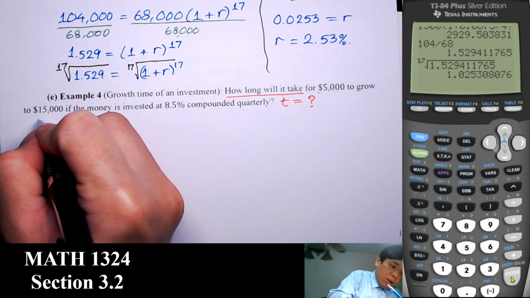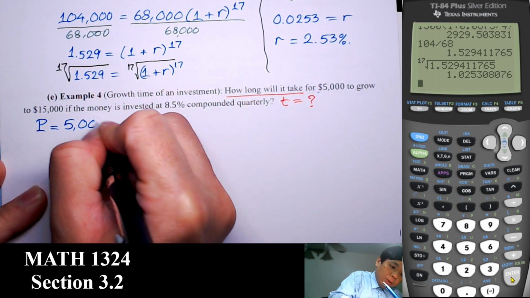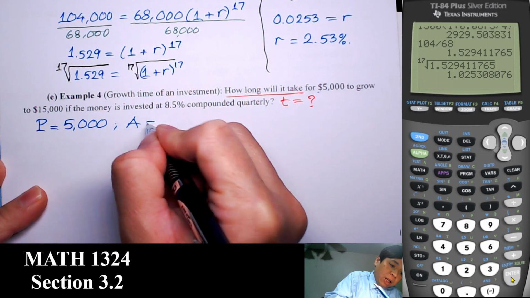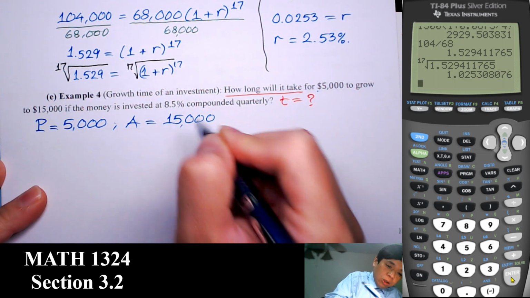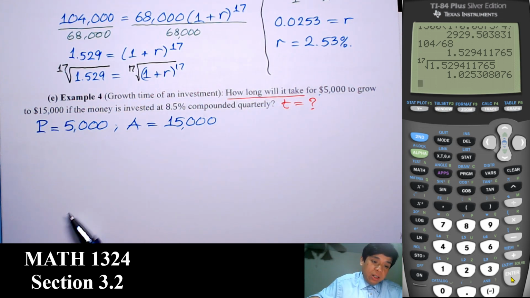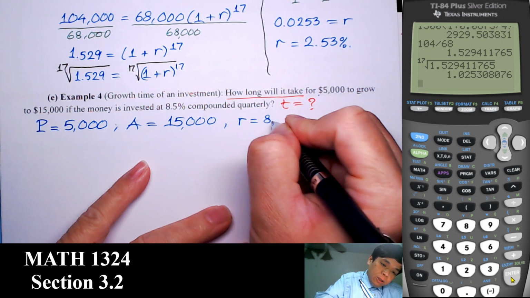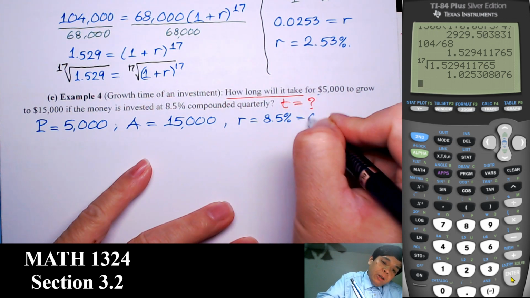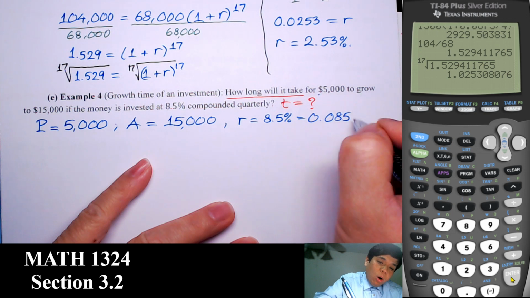We start with the principal of 5,000. It grows to 15,000. Invested at 8.5%, so the rate is 0.085, and compounded quarterly.